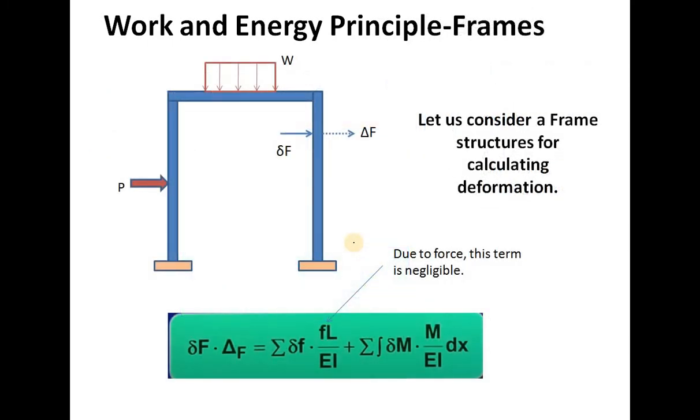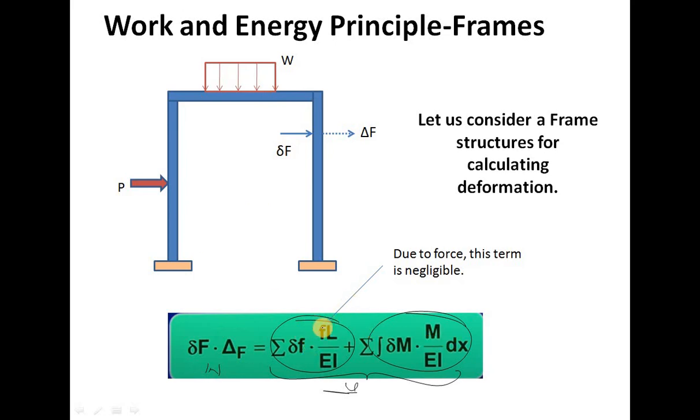Now we can even apply the work energy principle in the case of frames. In the case of frames, this is the actual work done by the external force, and this term is the strain energy, that is U. Now it contains two terms. This is because of the force and this is because of the moment, because the frame contains both forces and moments.